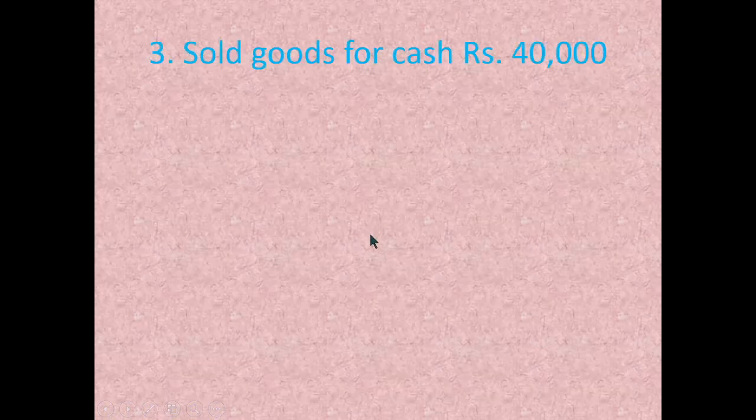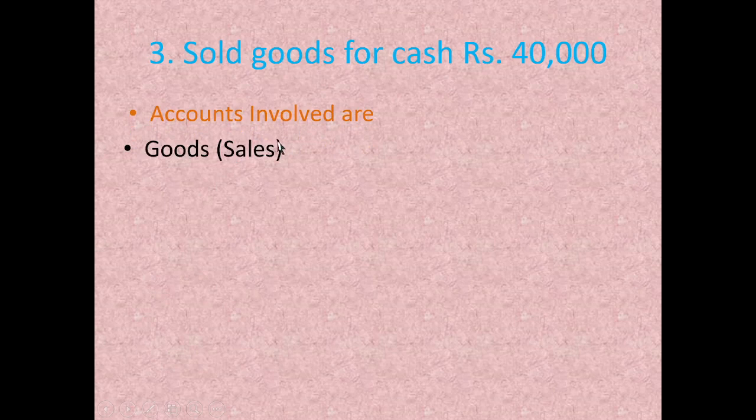Third example, sold goods for cash rupees 40,000. So here goods sold means it's sales, and cash received 40,000. So accounts involved are goods. Goods sold means the account name is sales. For purchase of goods, account name is purchase.